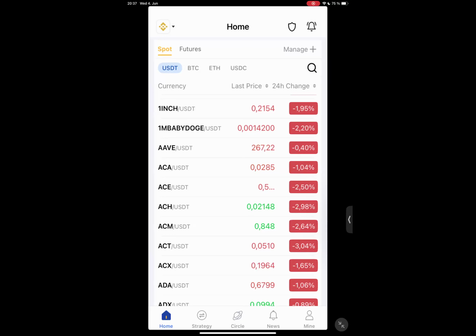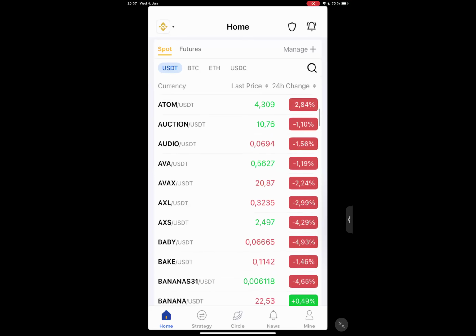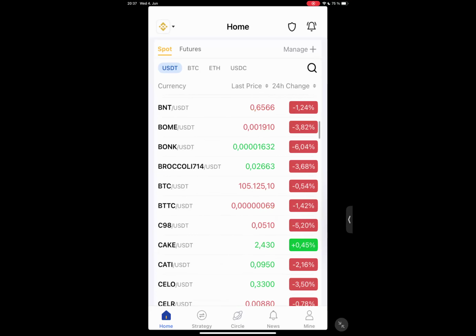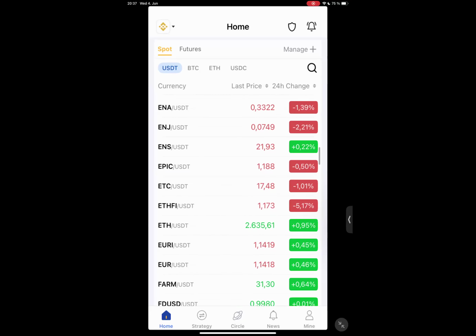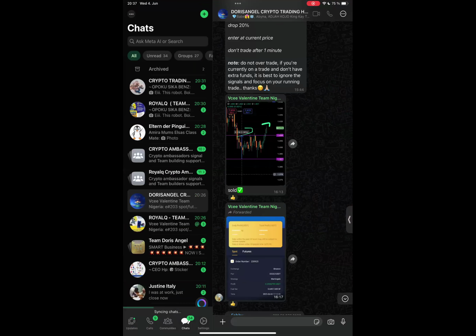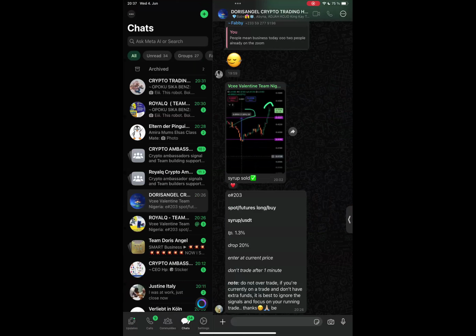All right. So how do you search for a coin? There are about 200 and something coins. If I want to search for, for instance, syrup, I cannot be scrolling through. Before you locate the syrup, 1 minute is over. Because on his signal, he has given a note. Oh, another one just came not long ago.